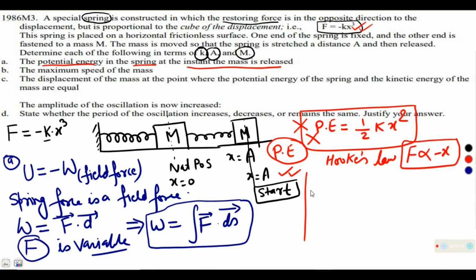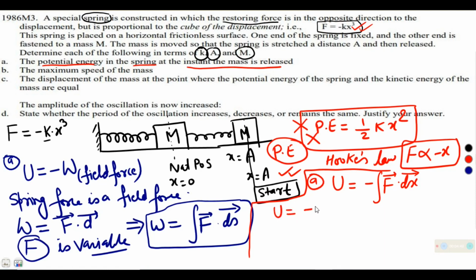So potential energy will be the negative of the work done due to spring force. So this will be F dot dx, where dx is a small displacement.